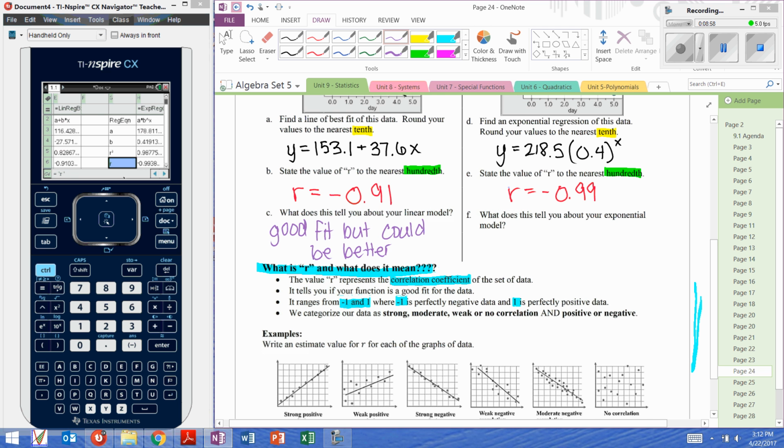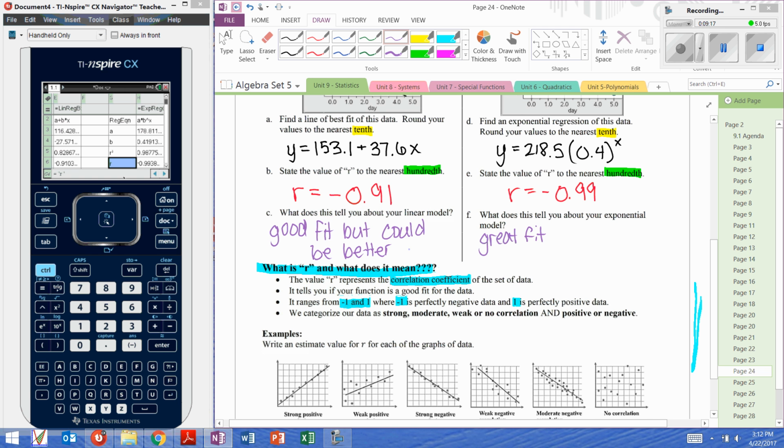And what does this -0.99 tell us about our exponential model? This is a great fit. And also, let's talk about the fact that they're both negative, which means it's a good fit.